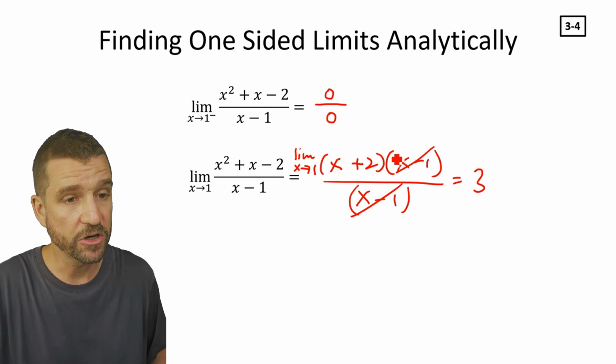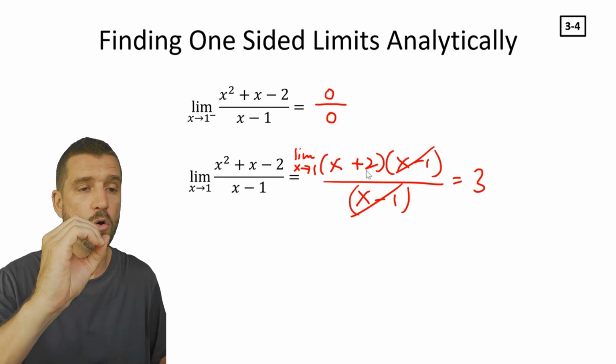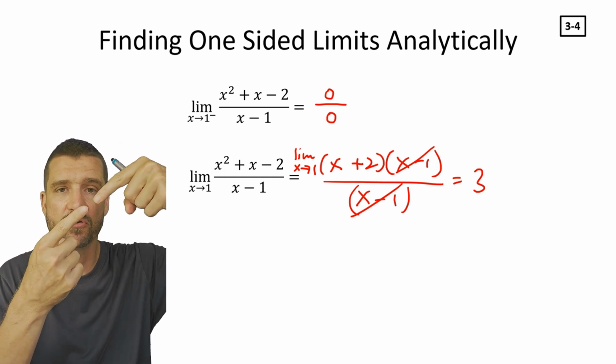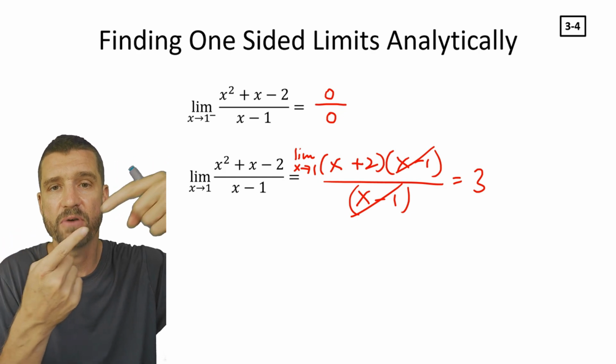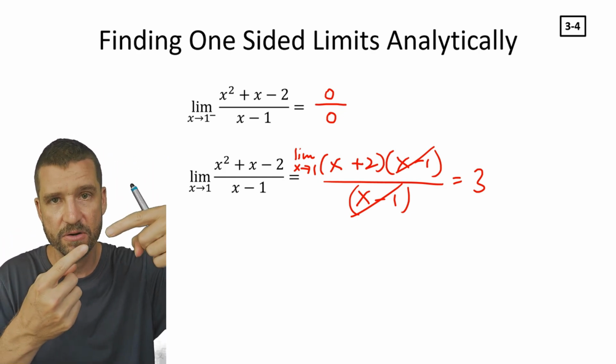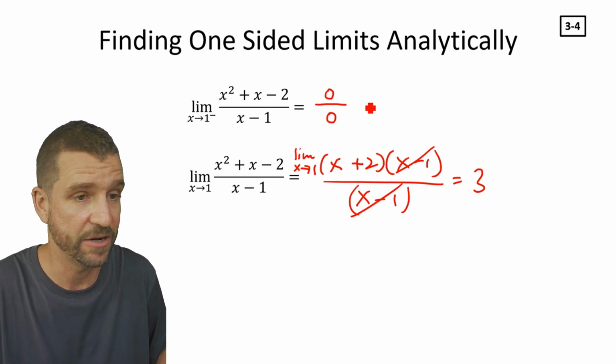So this function is going to have a hole at 1, but the limit, the left and the right, both approach 3. If the limit exists and equals 3, that means the left and right also must exist and equal 3.